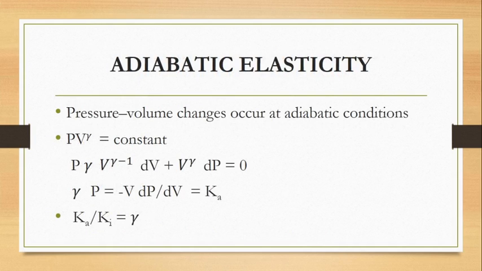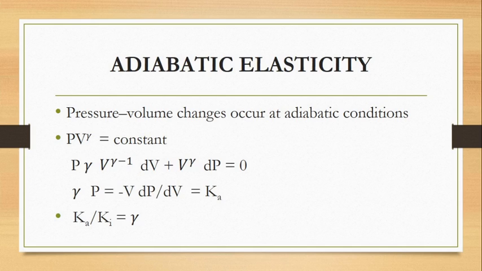Now the next type of elasticity is adiabatic elasticity, where the pressure and volume changes occur at adiabatic condition. And according to adiabatic process, PV raised to gamma equal to a constant. Again you can take the differentials. So P into gamma, V raised to gamma minus 1 dV plus V raised to gamma dP is equal to 0.